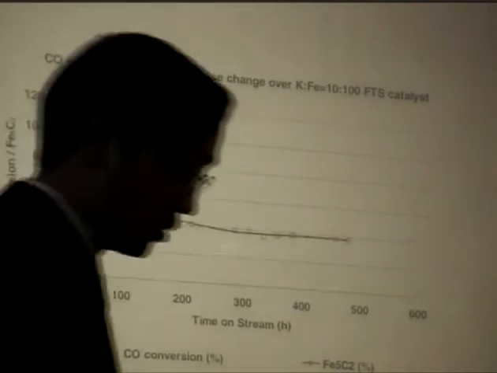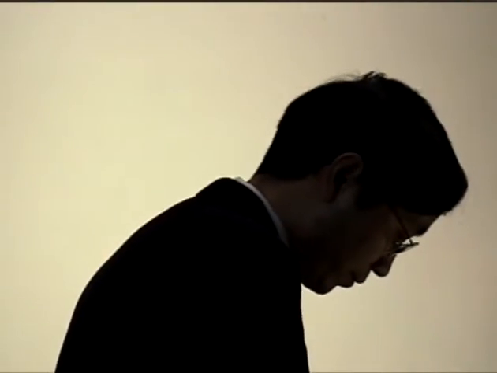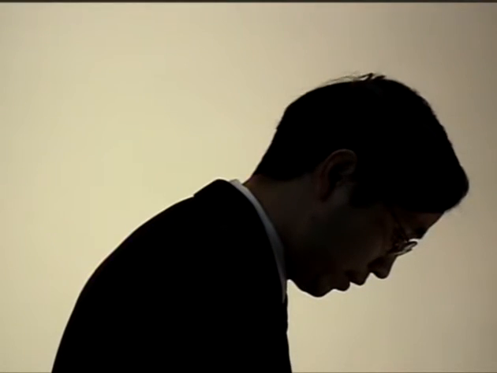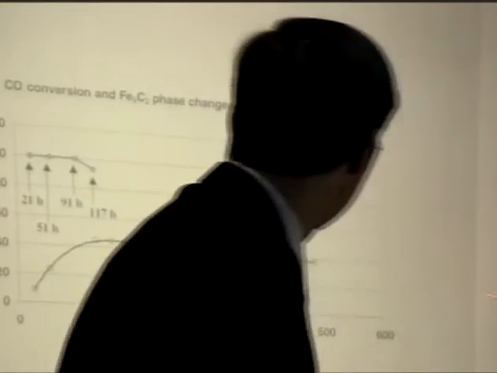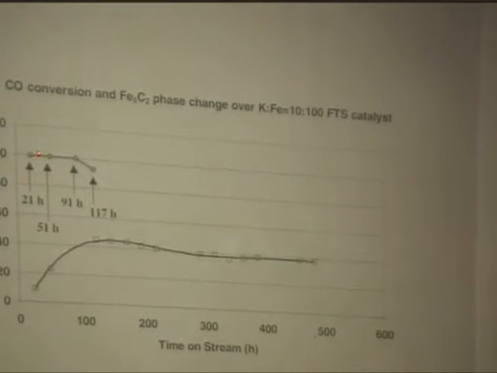The results show the bulk phase iron carbides stay very stable, almost 100%, before about 100 hours of reaction.